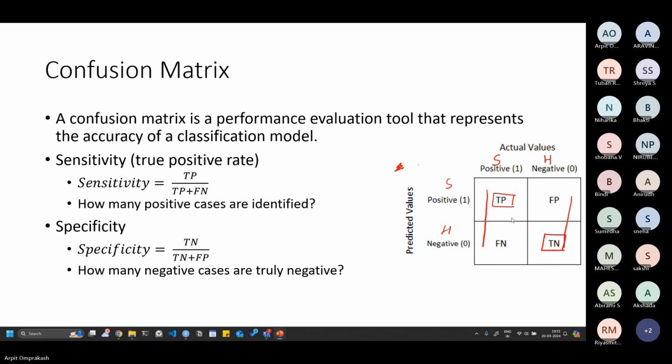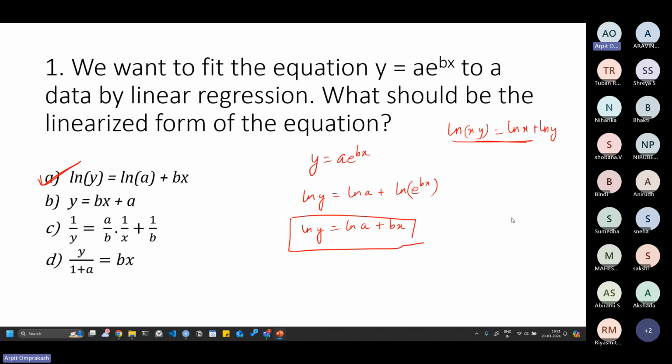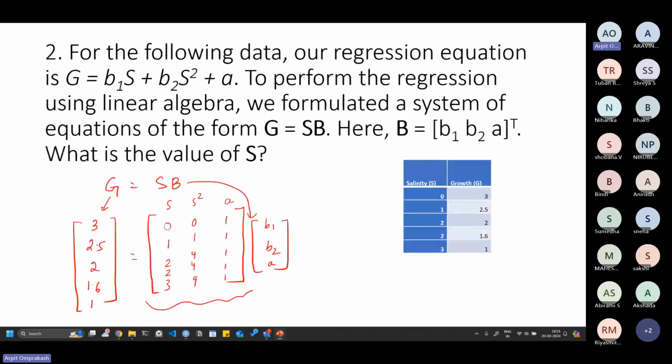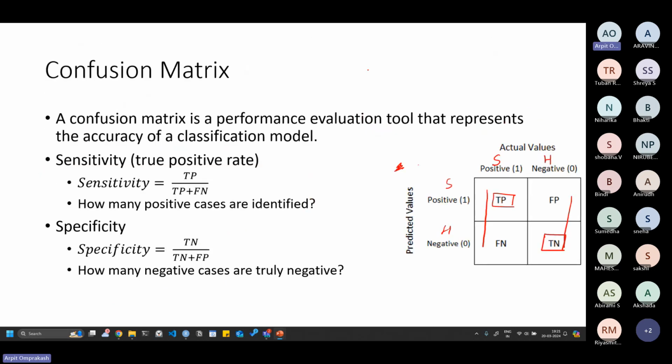So a sample question based on this would be, let's say you are given a model. You're given some confusion matrix with some values, let's say 20, 25, 10, and this is 50.